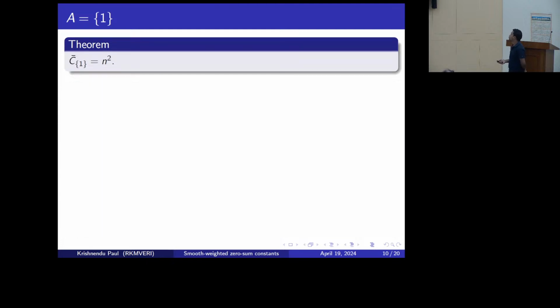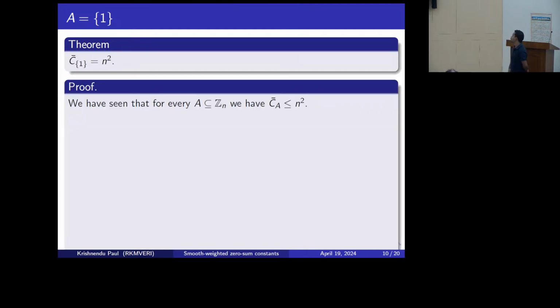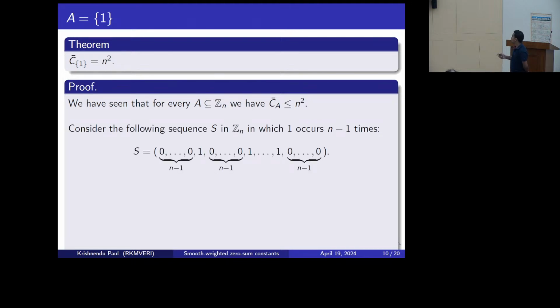Next, for C-bar also, the upper bound is the lower bound. So for the lower bound, let us take the sequence of zeros and ones, where 1 occurs n minus 1 times. Here obviously there is the fact of consecutiveness.